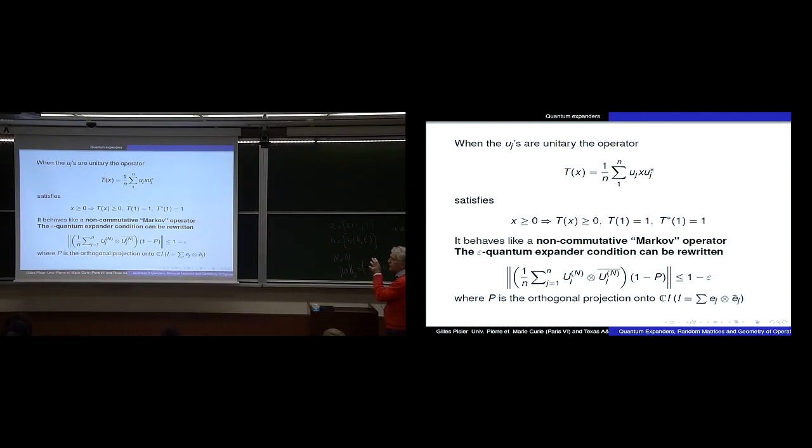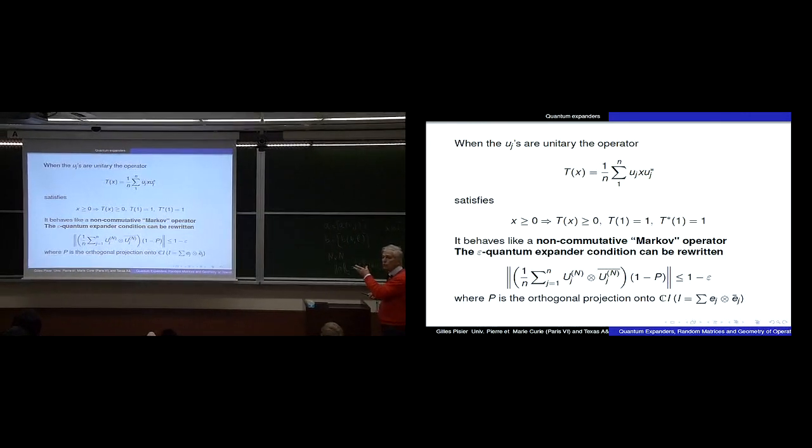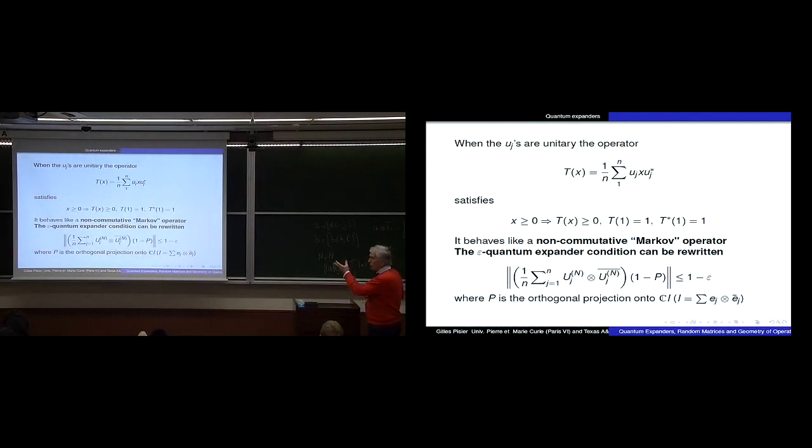This object for us will be a non-commutative example, with properties analogous to the usual Markov operators. What we care about is this spectral gap here. I don't know if I explained what this P is: P is the projection to the multiples of the identity matrix. So 1 minus P projects orthogonally to the subspace of matrices with zero trace.